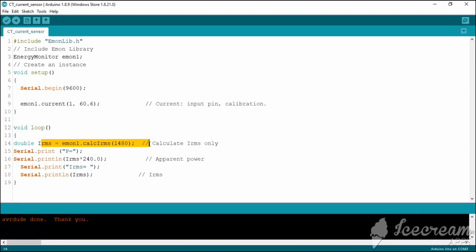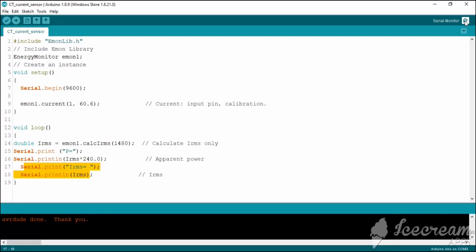In the void loop, we calculate ERMS. This is the number of points taken. In the serial, we print the power. The apparent power is ERMS multiplied by voltage RMS. In my country, voltage RMS is 240 volts RMS, and we print the ERMS.